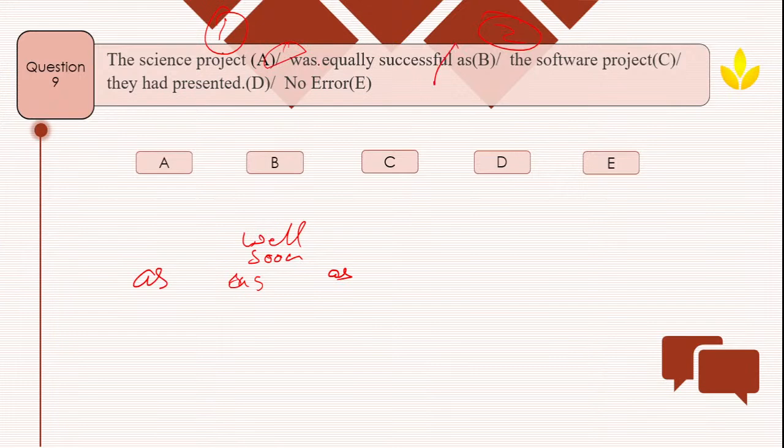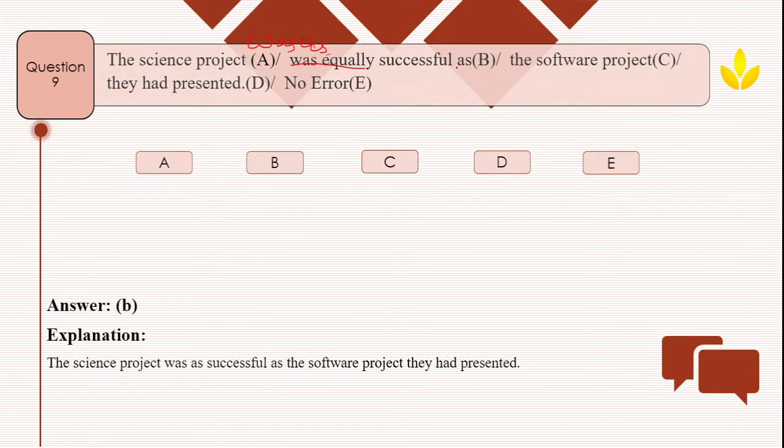"It was equally successful", full stop, makes a beautiful correct sentence. When it says "as the software project", here they are making a mistake. So when you are correcting it, you can simply make it "the science project was as successful as the software project". Degrees of comparison error, comparative.